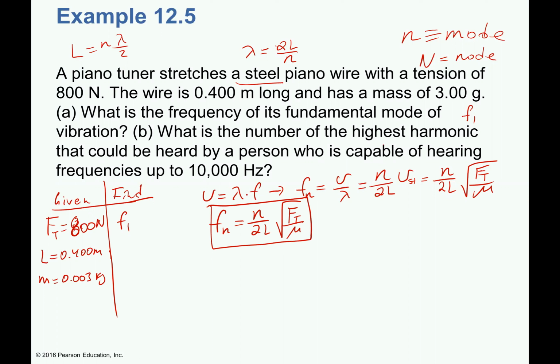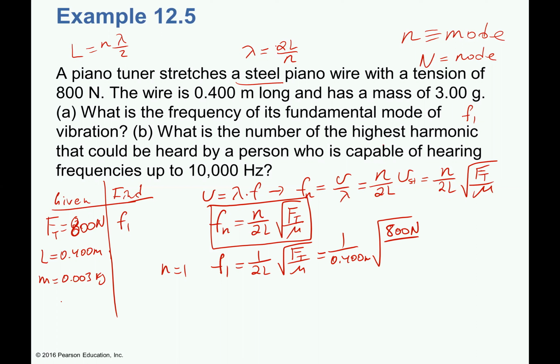Now what I want here is f1, when n equals 1, so it's 1 over 2L, then the square root of F_T over mu. I am given L, which is 0.4 meters, then times the square root of F_T, which is 800 newtons. I'm also given a way of finding mu, since I'm given length and mass.